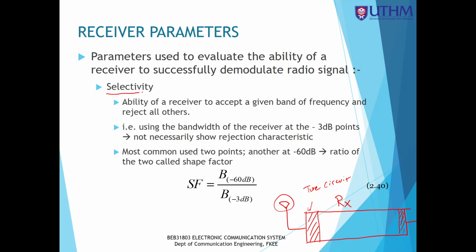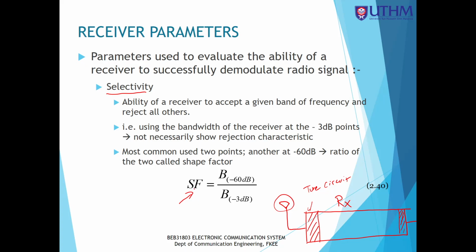One of them is the selectivity. Selectivity is the ability of the receiver to select the desired frequency signal and remove the others. Selectivity is determined using a certain parameter we call the shape factor.